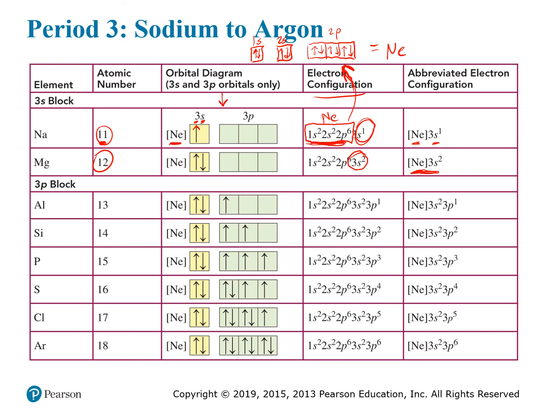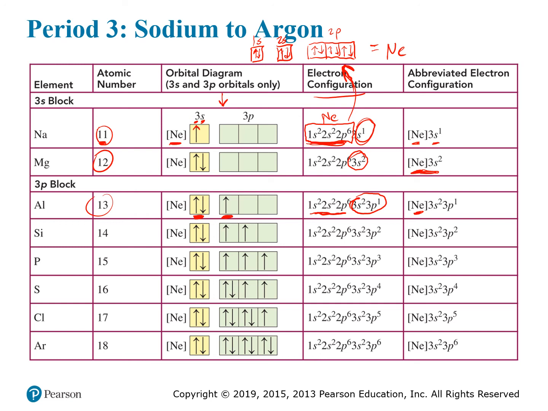Then we can jump across the gap and get over to the p block, and we would see that aluminum, which is atomic number 13, fills up the 3s orbital, and then 1 electron has to go into the 3p orbital. So all 3 of these electrons are the valence electrons, and this is, again, neon. Then we can see what happens when you add even more electrons to the sublevel.